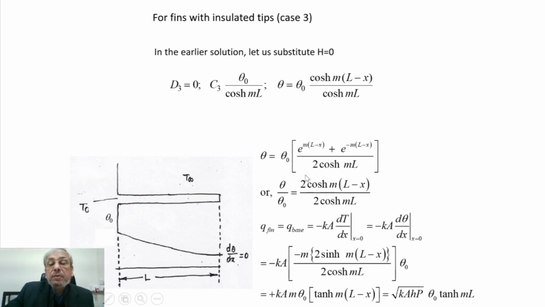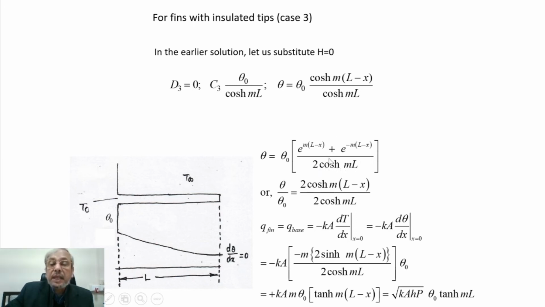So theta equals theta naught, and if we expand cos hyperbolic m(L minus x), we can write theta equals theta naught times e to the power m(L minus x) plus e to the power minus m(L minus x), divided by 2 cos hyperbolic mL.